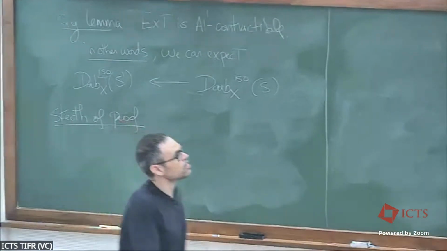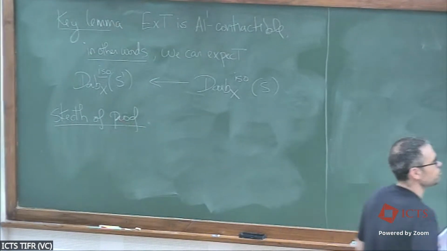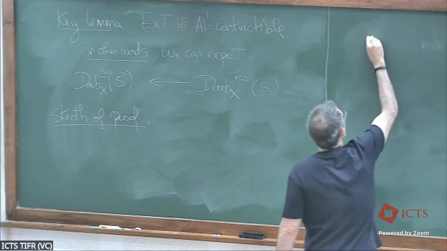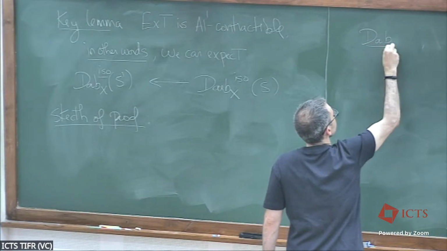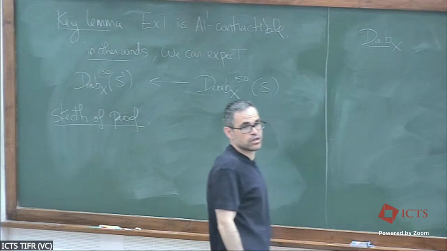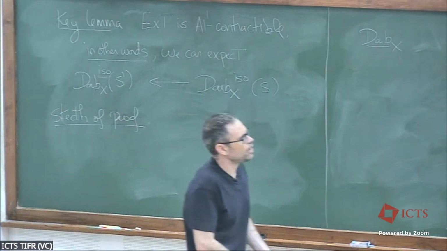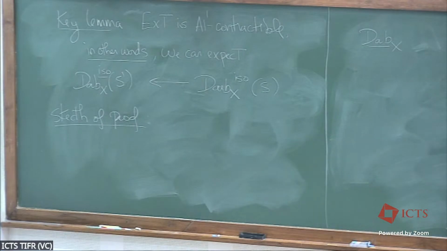Before giving this, I have some minutes. I just want to explain how one can define something a bit better than just having things up to A1 isotopies and still have something that resembles a stack. So what we can do, if you still want to have a Darboux stack before taking A1 isotopies, is to remark that I don't have a functor defined on all smooth maps, but it's defined on étale maps.